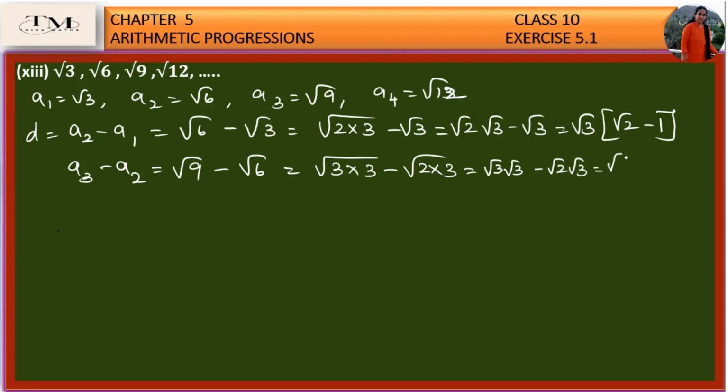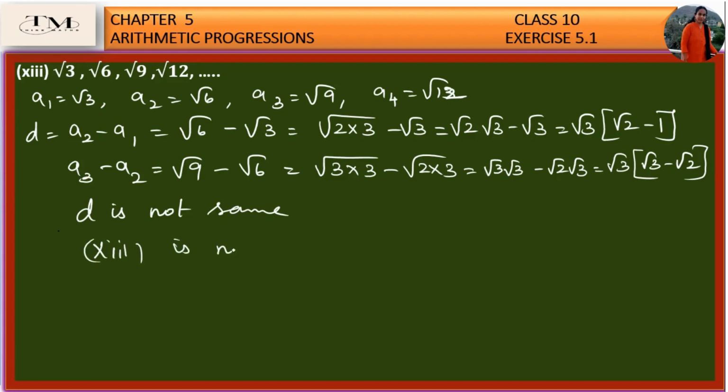If I take root 3 outside, it will be root 3 into root 3 minus root 2. So here root 3 into root 2 minus 1, here root 3 into root 3 minus root 2. So D is not same. If it is not same, then this problem is not an arithmetic progression. Okay.